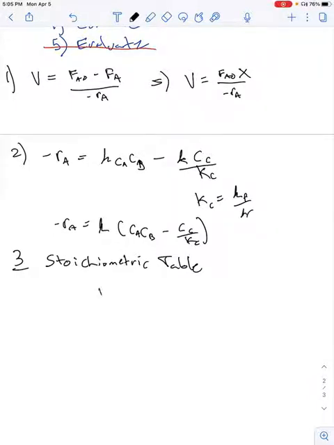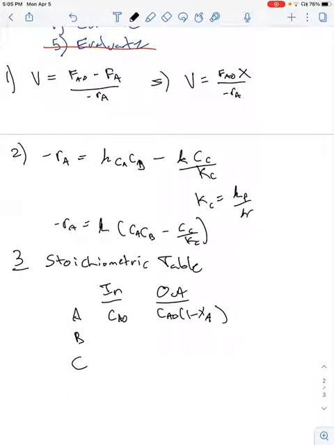For this, we have in, out, and we have A, B, and C. So CA0 is for A, and so out will be CA0 times 1 minus XA, using A as the basis.